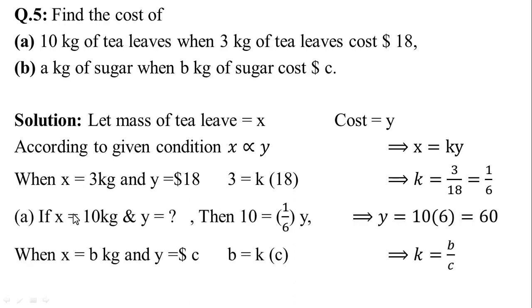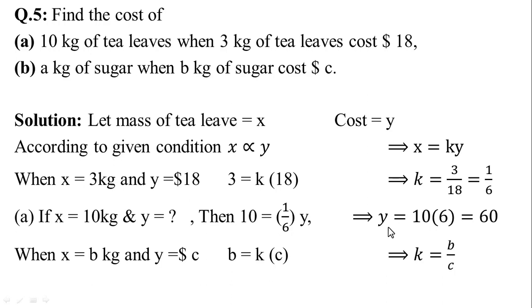Now in part 1, X is equal to 10 kg and Y is equal to question mark. Then putting the values in this relation, X is equal to KY, the value of X is 10 and the value of K is 1 upon 6.